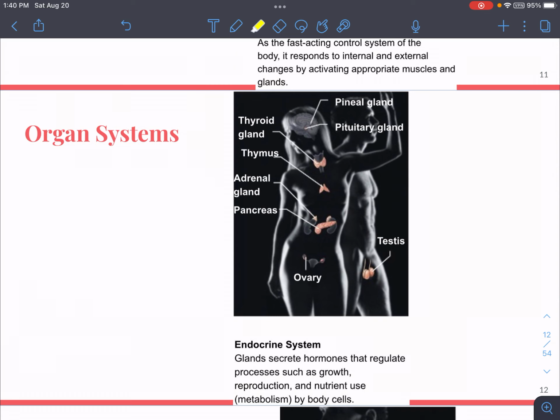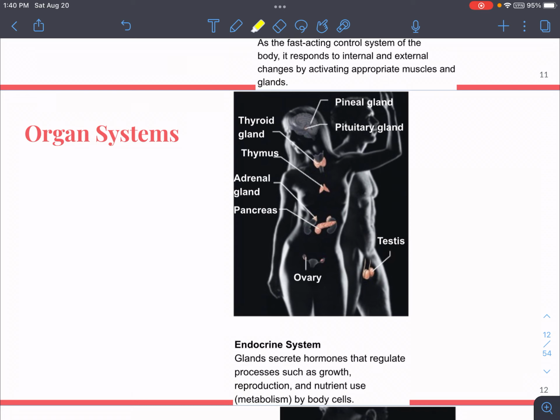We have our pancreas, which provides a lot of the hormones and the enzymes that are needed to digest your food. We have adrenal glands. If you've ever heard the terms rest and digest or fight or flight, your adrenal glands produce the hormones that do most of that. So when you get really stressed out, high anxiety, those are hormones coming from your adrenal glands.